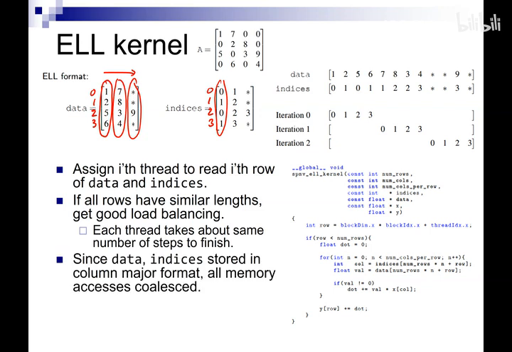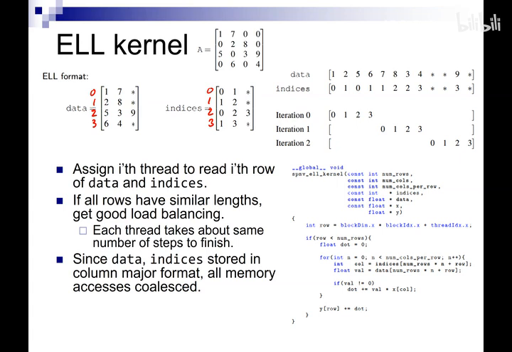Okay, so next, there's something which I didn't mention about data and indices, which is that these are matrices, right? So how do you actually store these in memory? You have to take this 2D matrix and store it in a 1D memory, and usually we store matrices in row major format.